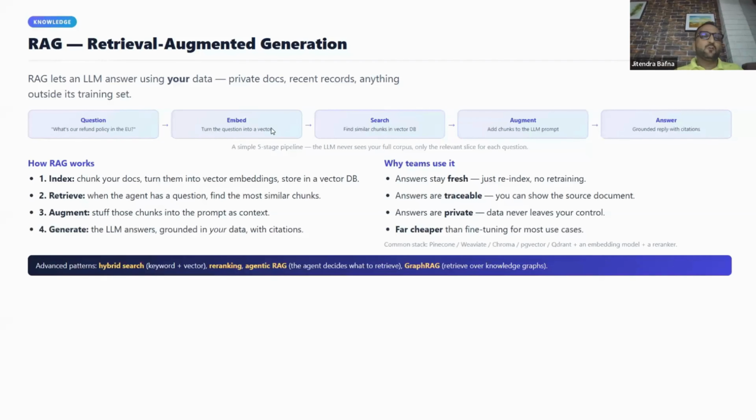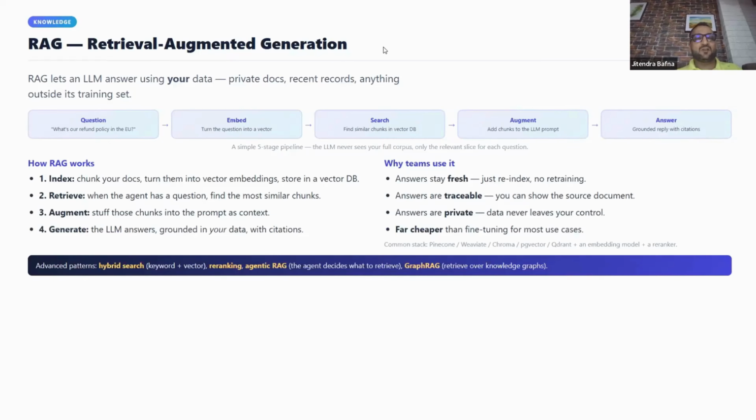Whenever you fire a query, like what is our refund policy, that question also gets embedded and searched in your vector database. Whenever it finds a similar embedding or similar chunk, it picks that data, converts it from embedding back into real language like English, and then answers back to your client.